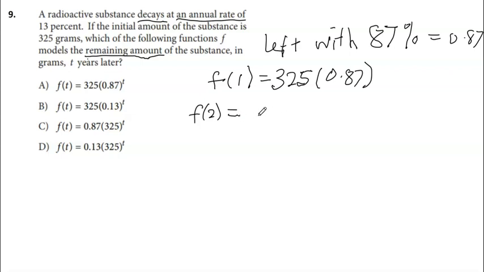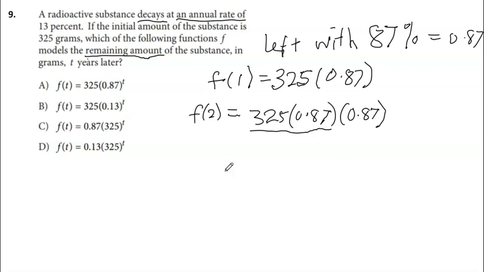So I'll have 325 multiplied by 0.87, all this from the first year, and then multiplied by how much is remaining after decaying by 13% one more time.